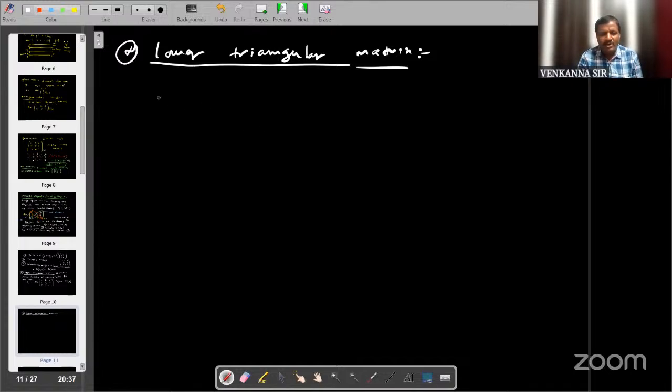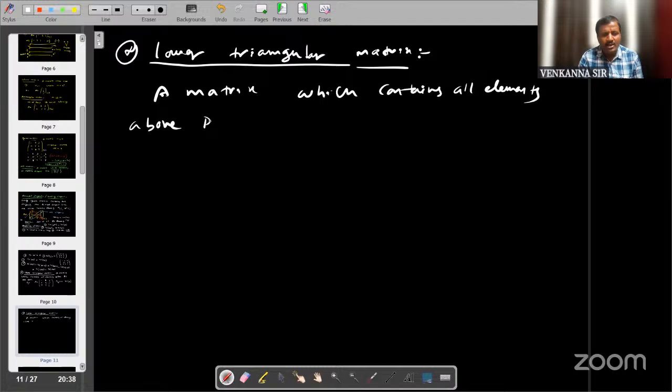Lower triangular matrix: a matrix which contains all elements above the principal diagonal as zeros. If you are taking the example here, 1 0 0, 2 3 0, 4 5 6.